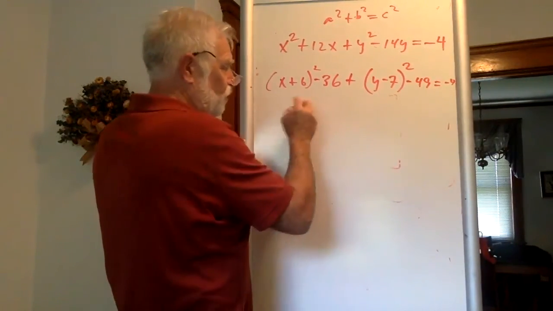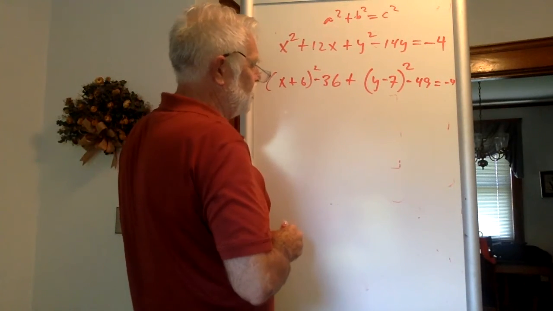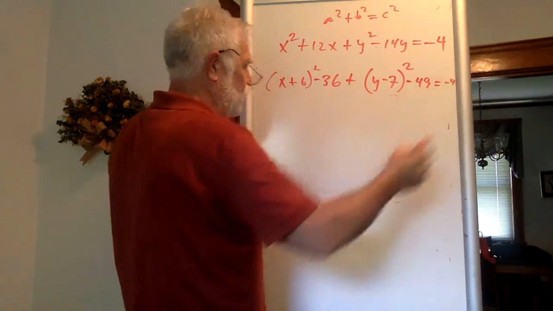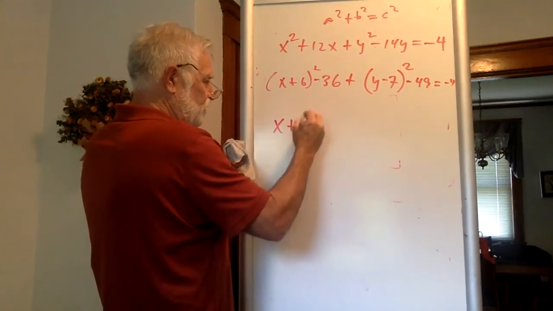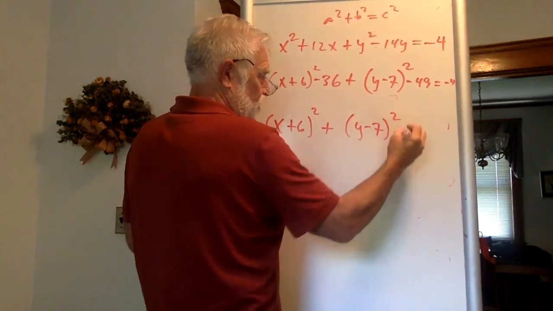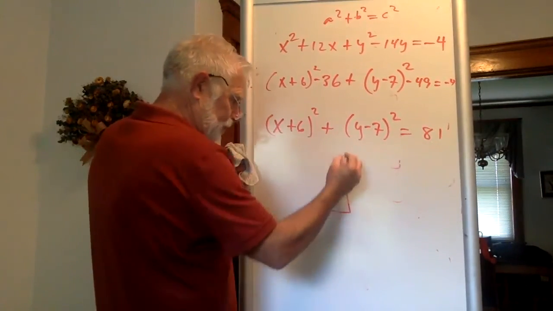Okay, so now I'm going to bring the 36 minus 49. That becomes -85. Positive 85 on that side. -4 is 81. So if you doctor this up, you get this. All right, that's what you get, which matches up with this.